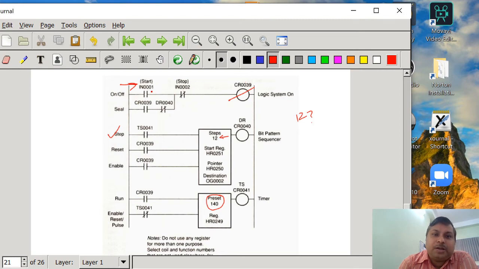Once it is energized, it is latched using this logic. And once it is latched, this CR39 is energized, this is also energized, and this is also energized. The same CR39 is used as an enable reset. We know why this has been done: because we want to generate a short spike at every 140 seconds interval of time.